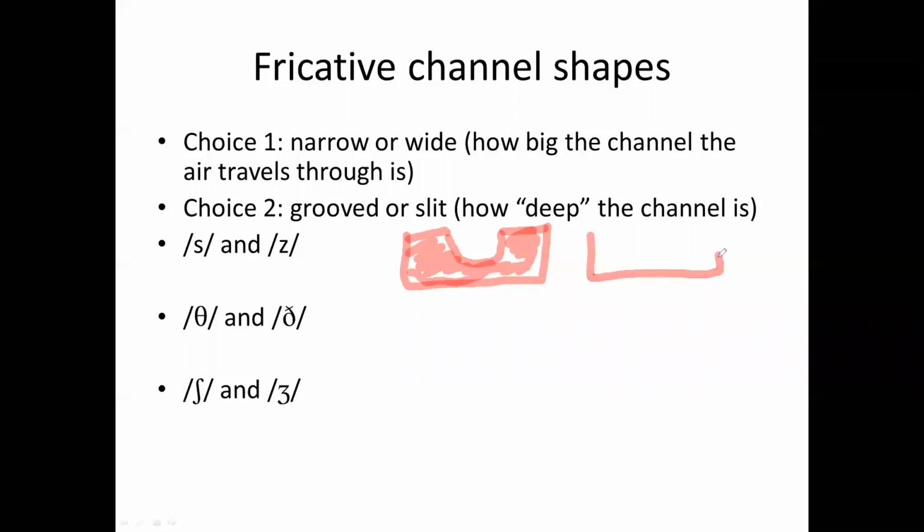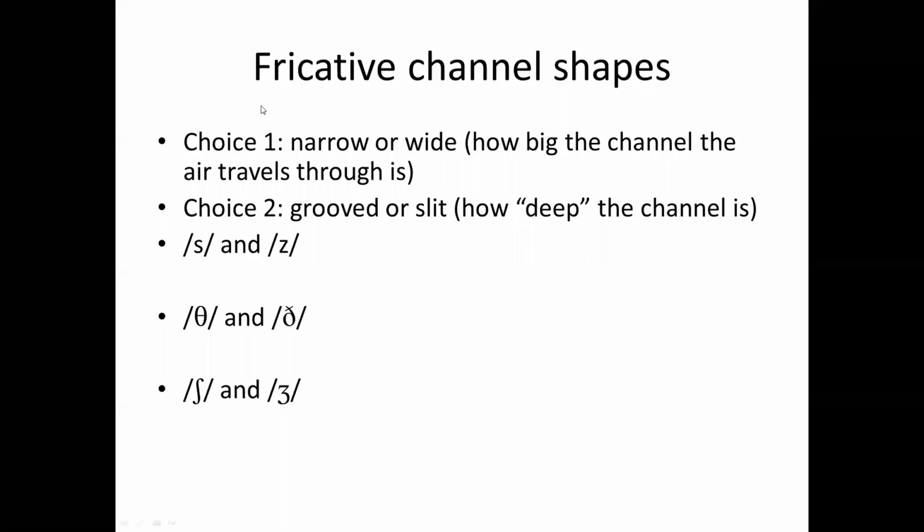Or maybe it's more of a slit. I'm going to try to have it cover the same amount of area, but it's shallower on this one. So here we have our deep or groove channel. Here is more of a slit or a shallow air channel. And if you can conceptualize those different shapes, then you get an idea of how they connect.